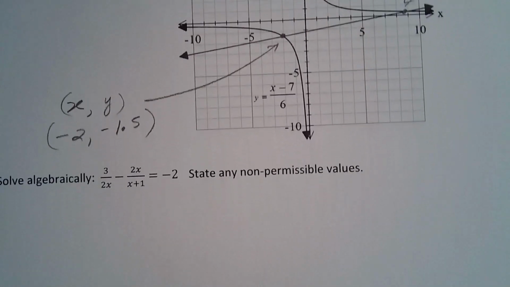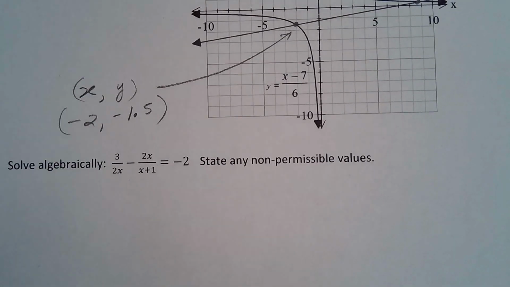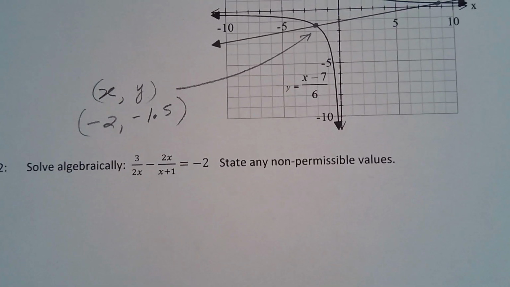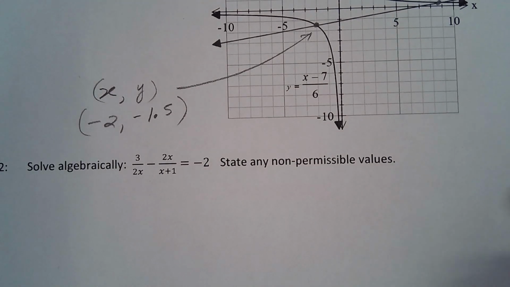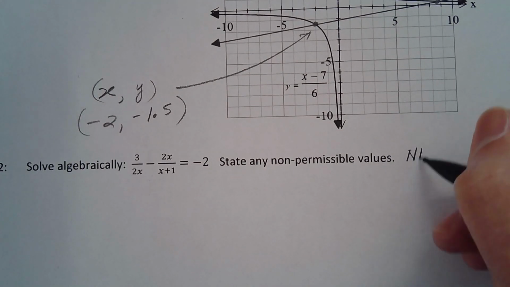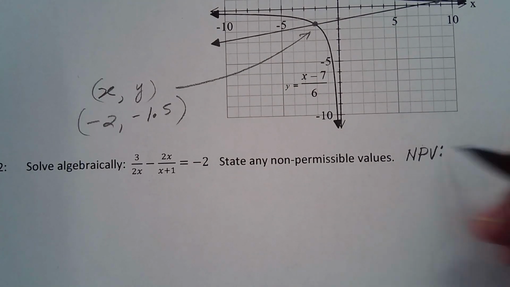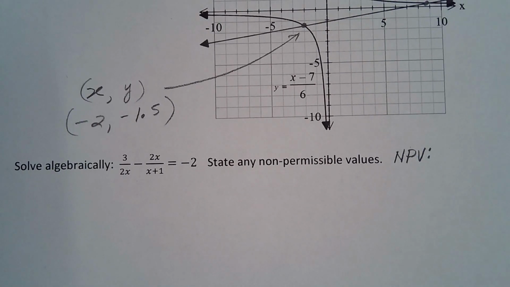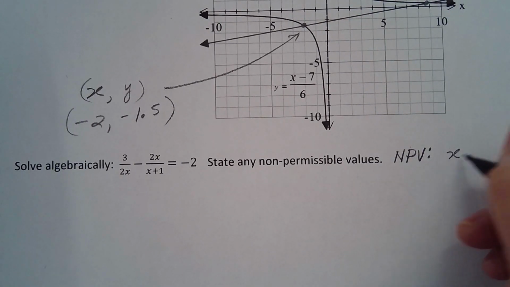And take a look at example 2. How about this one? What can we do with this one here? Let's first state the non-permissible values. So what are the, I'll put it here, non-permissible values. So x equals -1.